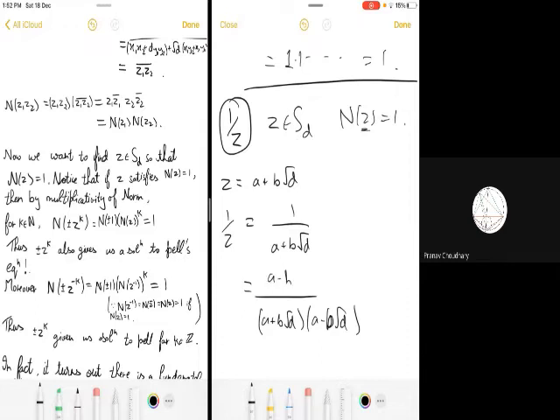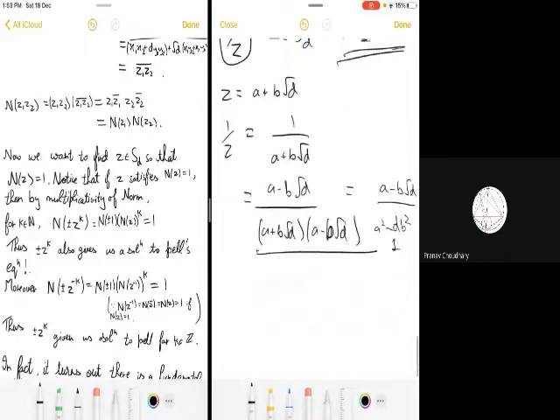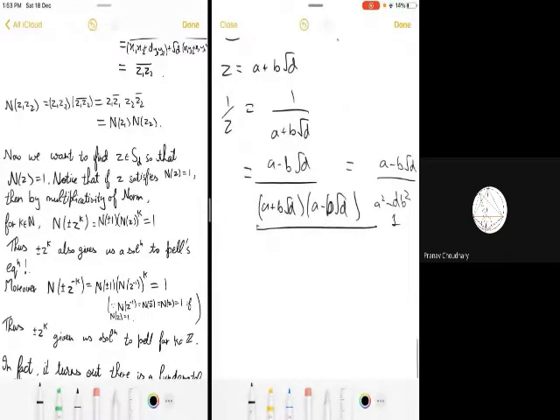This is because a, b satisfy a squared minus d b squared, which is 1, so this is just this. So this indeed does belong to SD.